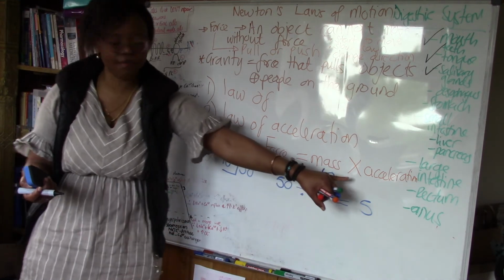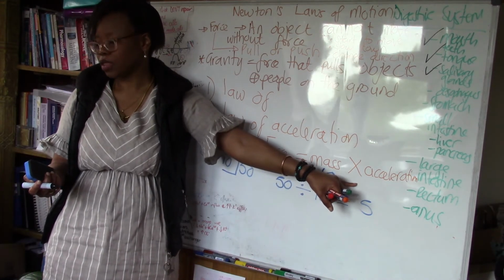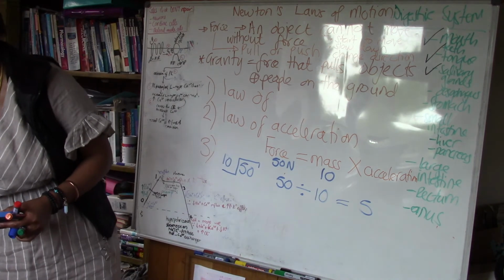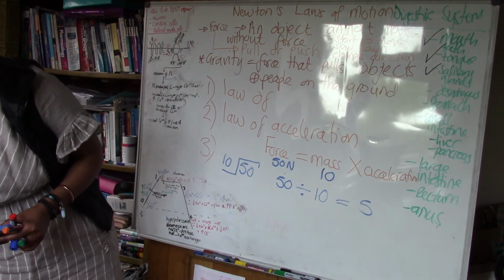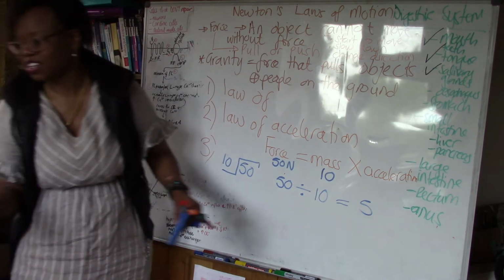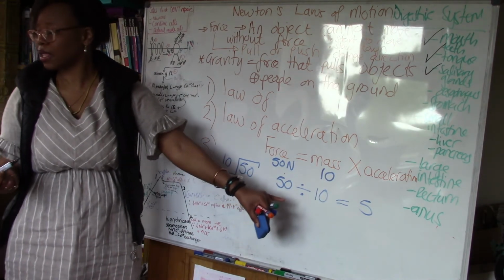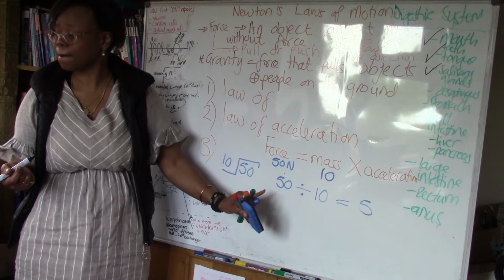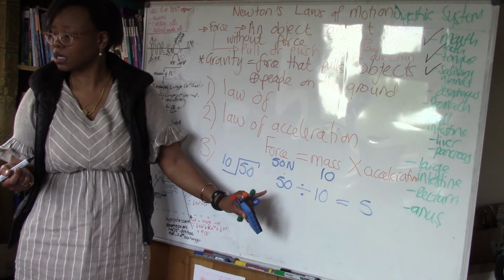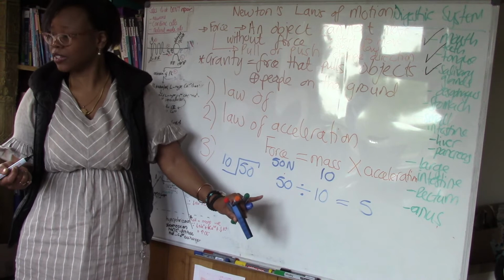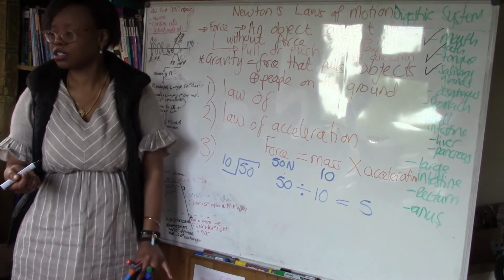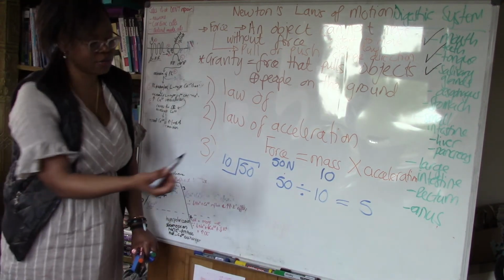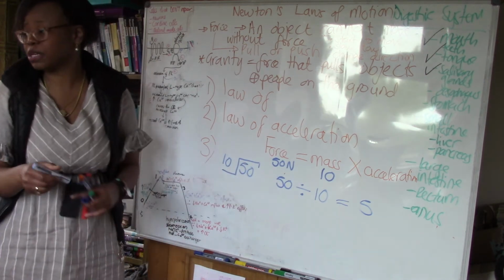We have multiplication there, so you could use the inverse to find out what the acceleration is. So the acceleration becomes 5 meters per second per second.